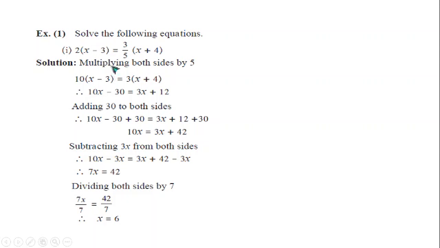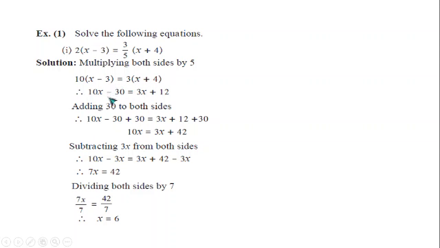When I multiply both the sides by 5, my equation becomes 5 2s are 10, 10 into x minus 3 equal to 5 and 5 goes away, I have 3 into x plus 4. On further solving, my equation becomes 10x minus 10 3s are 30 equal to 3x plus 3 fours are 12.